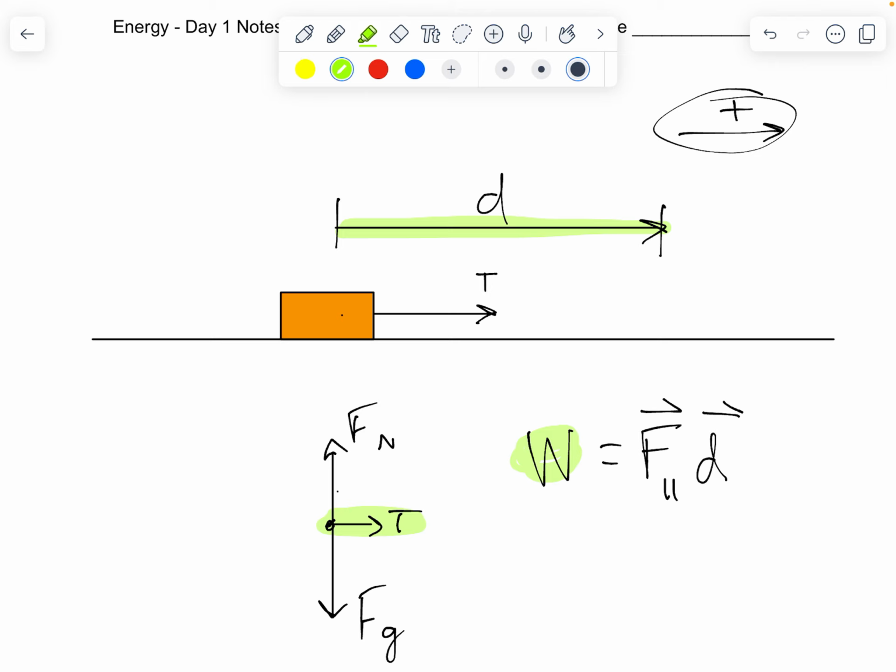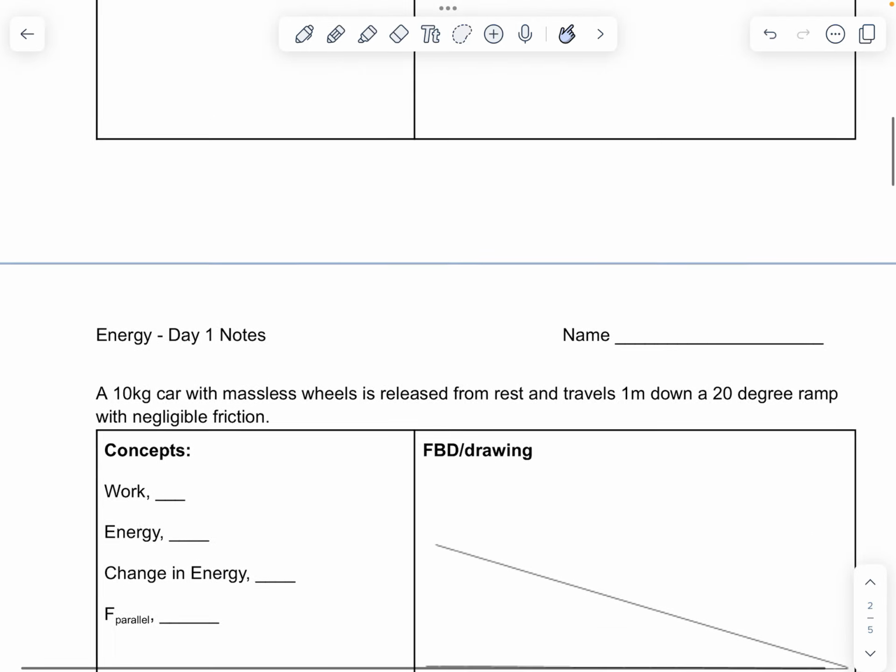The gravity is going down and normal force is going up. Those forces are perpendicular to the direction of motion. So it's very important that we only consider forces that are parallel to the direction of the displacement. So keep that in mind. So let's go and start filling out this worksheet.